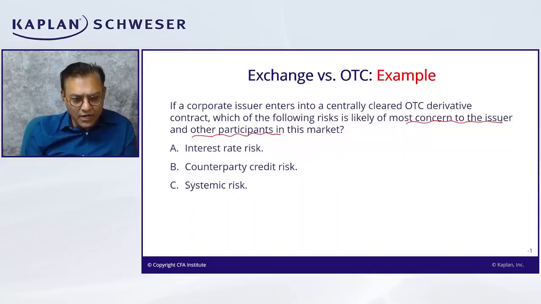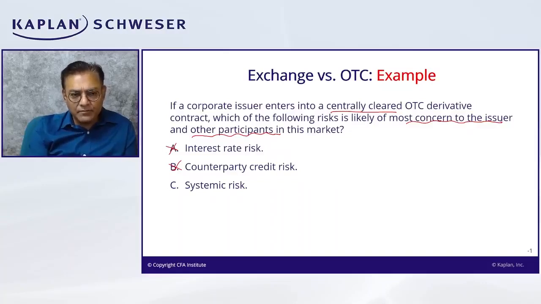So you are not concerned with counterparty credit risk because you are using centrally cleared. So you have a CCP taking the other side, managing the counterparty credit risk. Also, interest rate risk can be managed using a variety of derivative contracts. We'll see that when we talk about different types of derivatives.